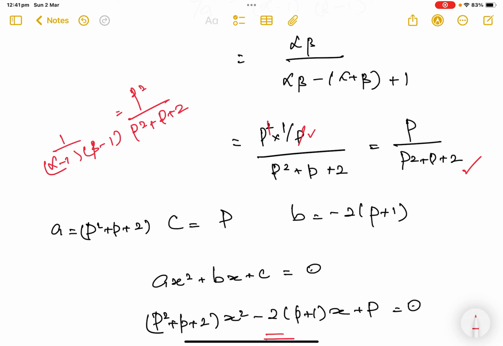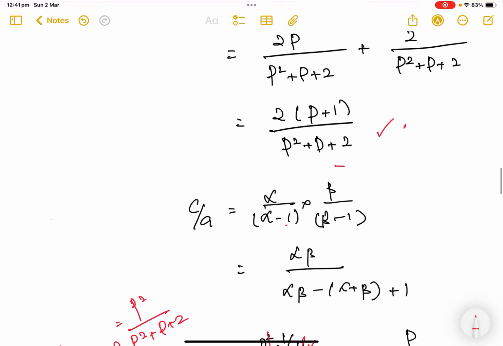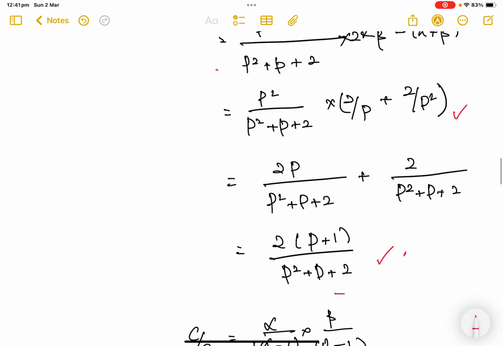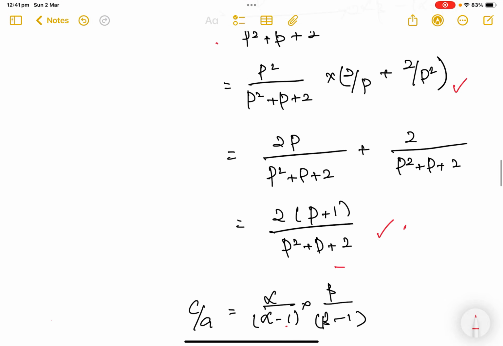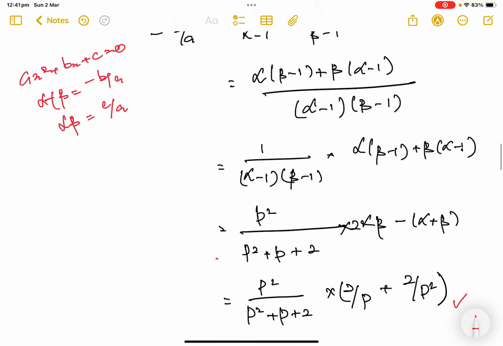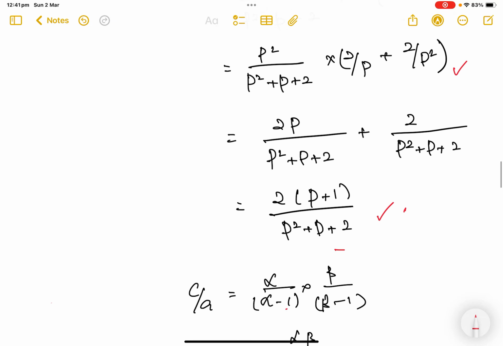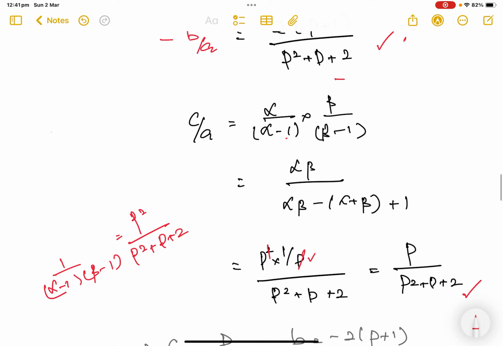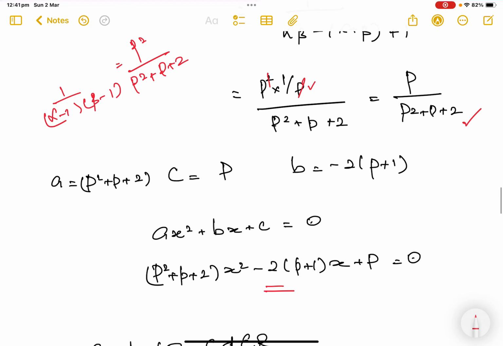Now, if we compare it, this is minus b over a. This is the new equation, minus b over a. This is c over a.